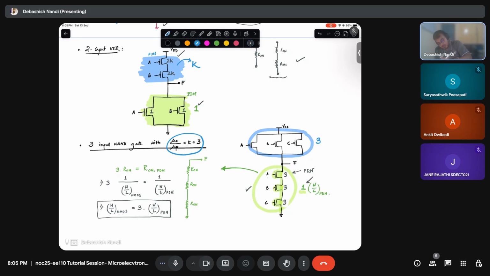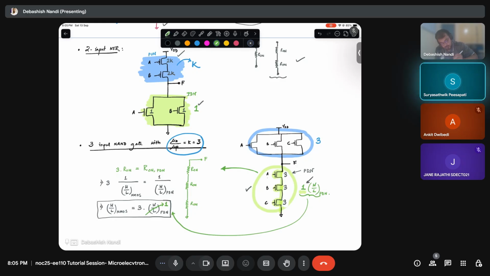Because this is 1, right? Yes, sir. So individual transistors W by L will be 3.